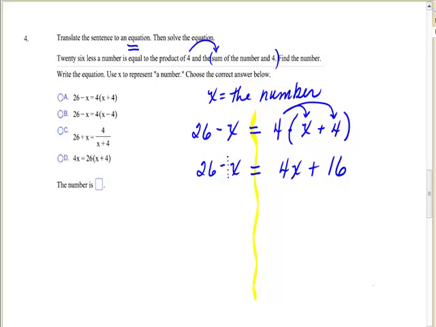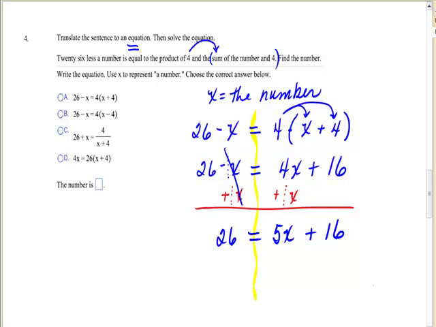I guess I should really try to use red. So I will add implied 1x to both sides. That leaves me with 26 is equal to, because those have canceled out, 5x plus 16.